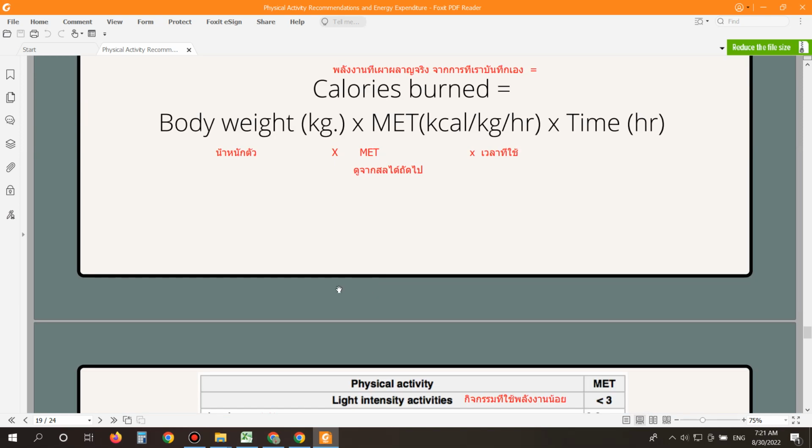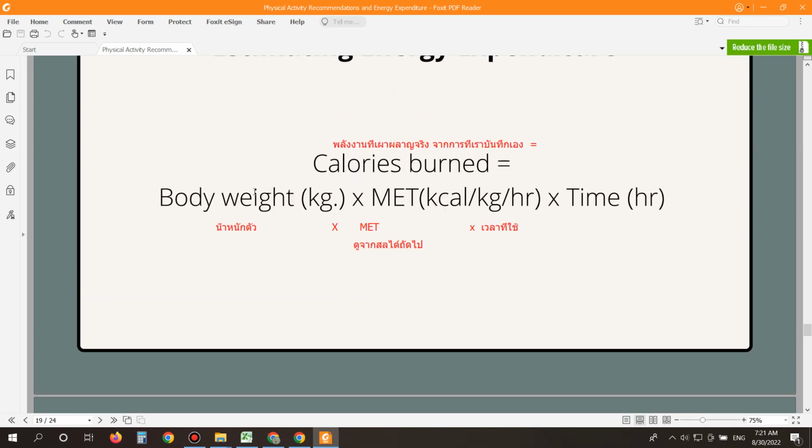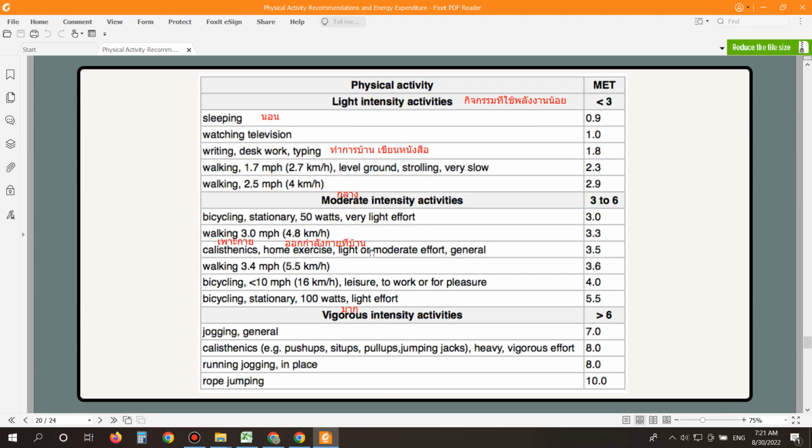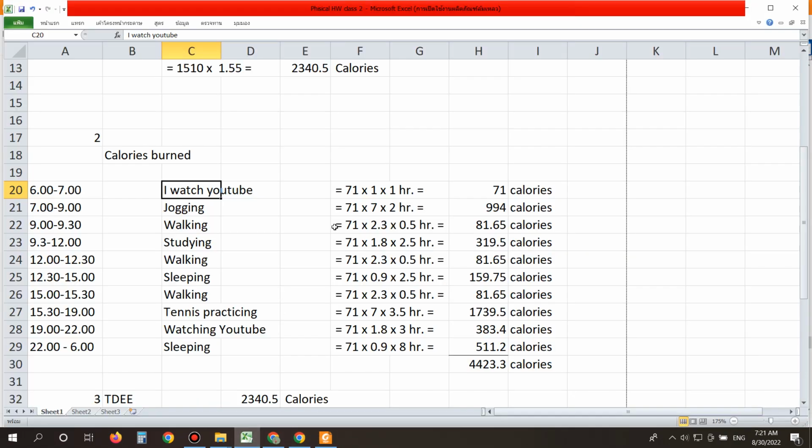This is the formula: your body weight, my body weight is 71 kilograms, multiplied by the MET from this table. If you are watching YouTube, television, or watching anything, you use one value, and multiply by the hours you do it. I watch YouTube only 1 hour per day, so I use 71 calories in this activity.